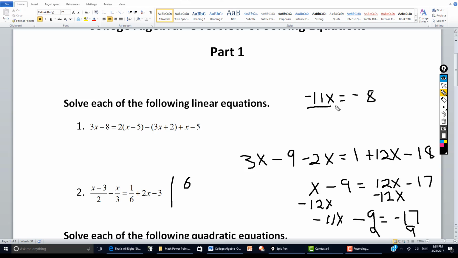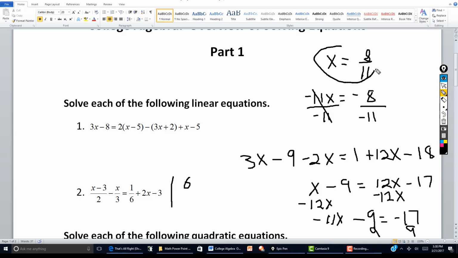And then here we divide through by negative 11. These cancel out, becoming 1, so I get 1x or x. So x is going to equal negative 8 over negative 11. The negatives cancel. I get x is equal to 8 over 11.